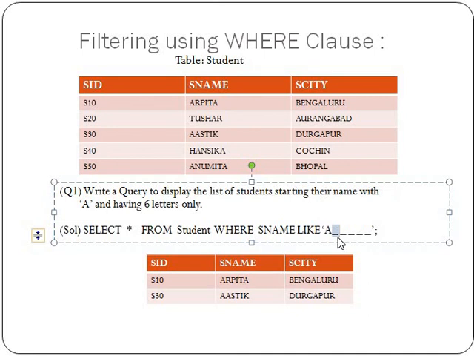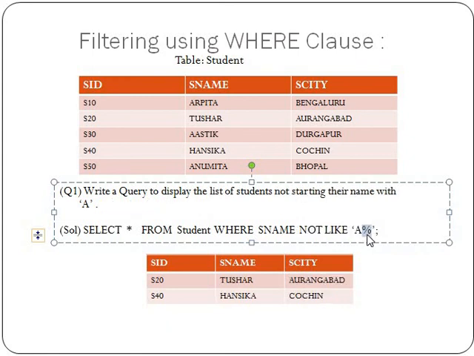The only difference between the underscore operator and the percentage operator is that the underscore represents a single character only, whereas the percentage represents a group of characters or a set of characters. And that's all about the pattern matching operators and the wildcard characters.